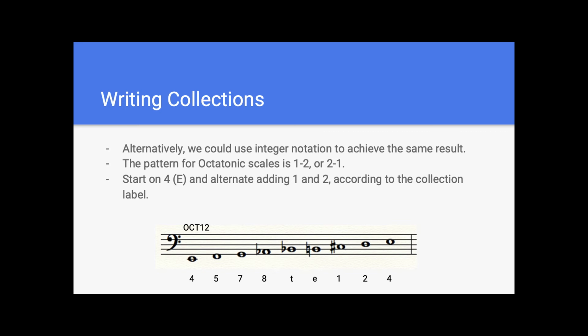So, E is pitch class integer 4, add 1, that makes 5, that's F, add 2 to get 7, G, add 1 to get 8, A flat, add 2 to get 10, B flat, add 1 to get 11, B natural, add 2, mod 12 gets you back around to 1, C sharp, add 1 gets you to 2, that's D, and finally add 2 more to get back around to 4, and that's E.